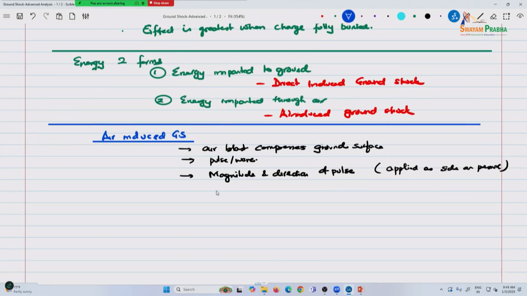Clearly, it depends on the blast characteristics and the ground type, basically the soil type, because wave propagation is through the medium, as we saw yesterday, and the densities play a big role. Of course, it is maximum at the ground surface and attenuates with depth.